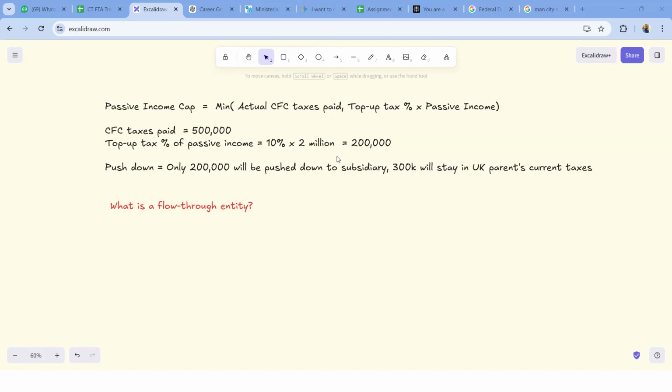Like unincorporated, transparent, absolutely. Tax registration under one person, tax applied on a different person.